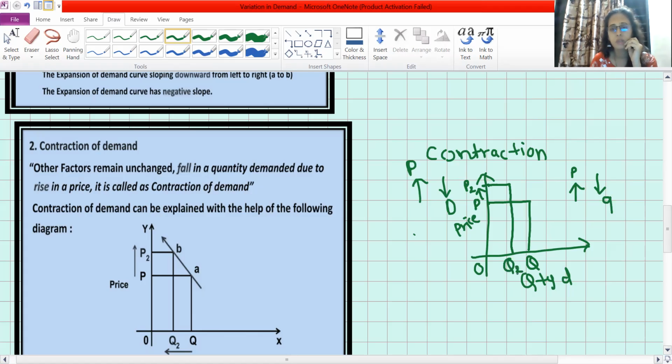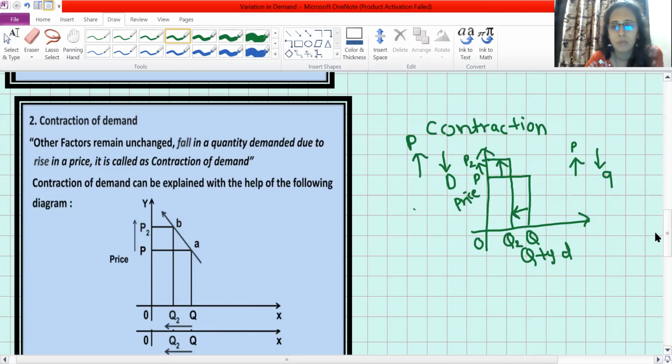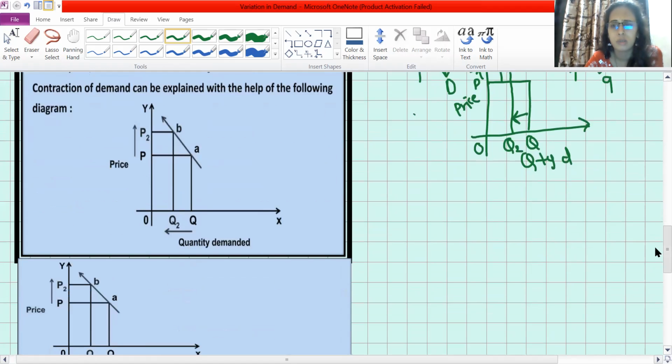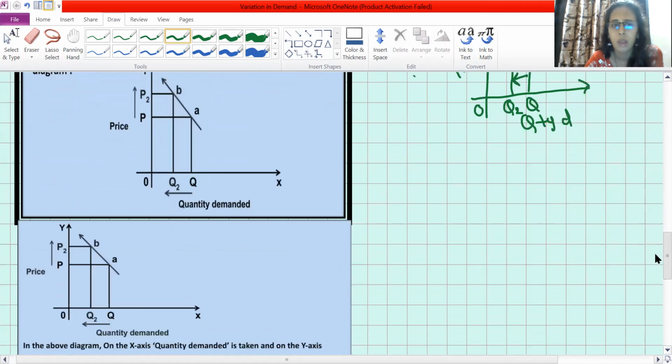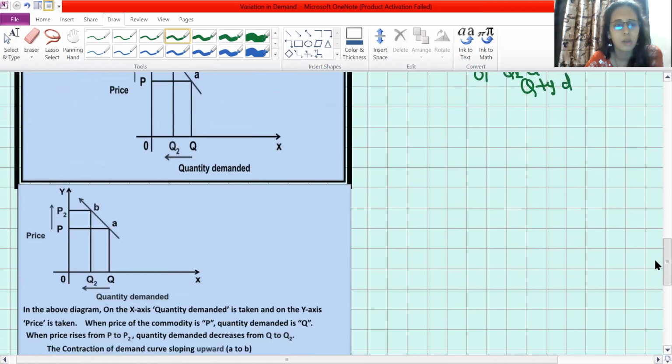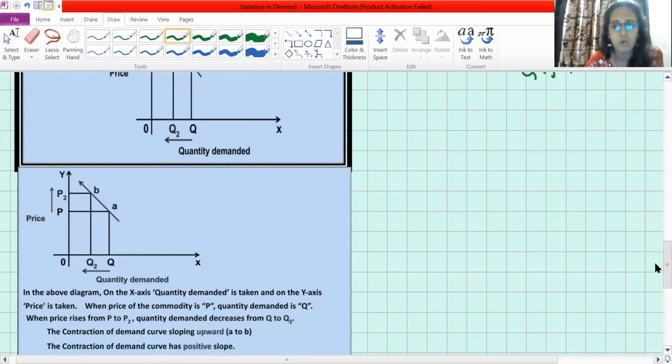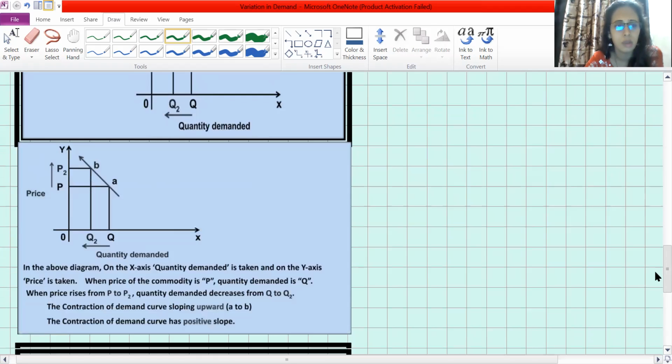I will write it as Q2 because Q1 I have given to the expansion part. So my contraction of demand is Q to Q2 because of the increase in price. Same diagram, draw it neatly. Take 5 to 6 centimeters and measure accordingly. It's not a hard and fast rule, but the size should be reasonable.